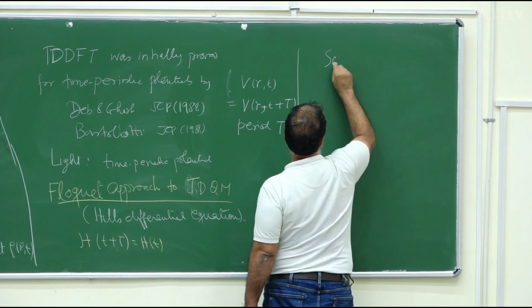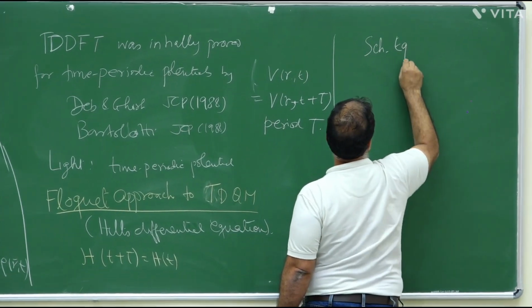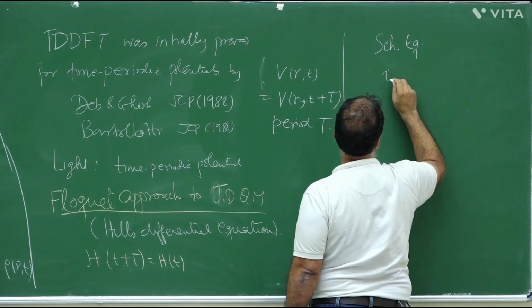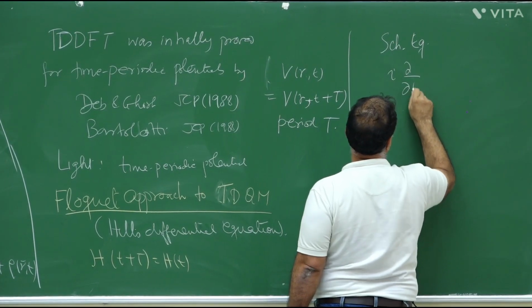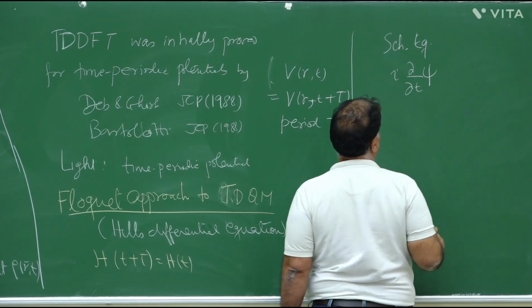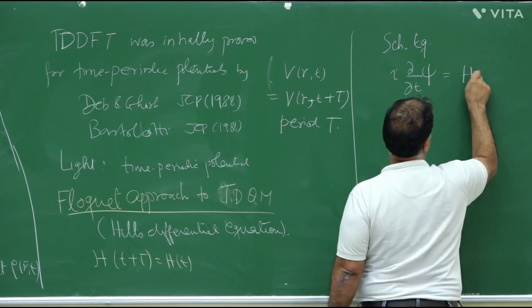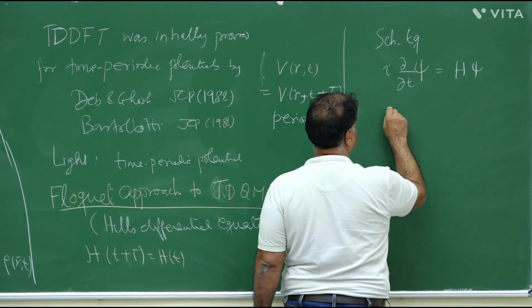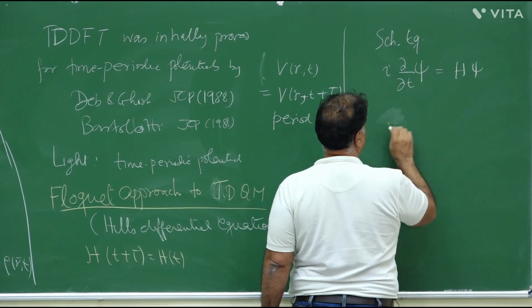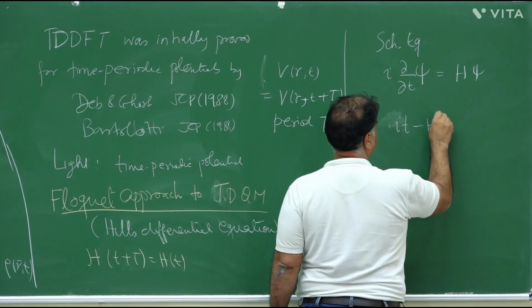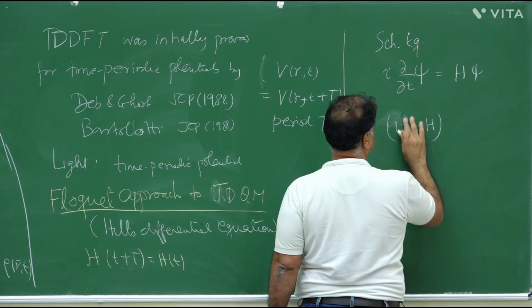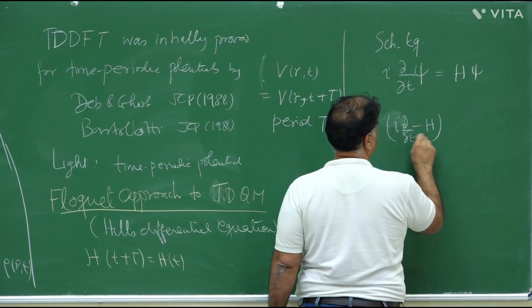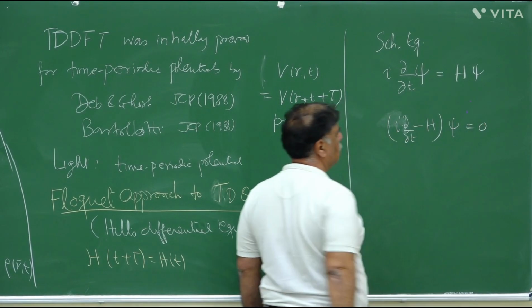The Schrodinger equation, using atomic units, is (H minus i d/dt) psi equals 0.